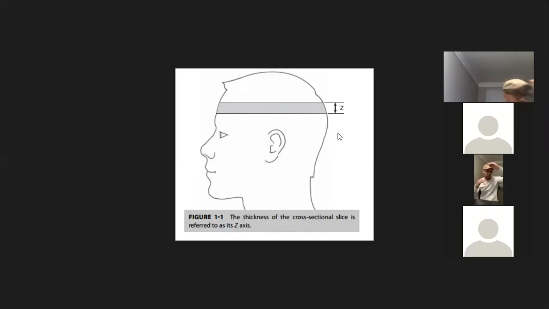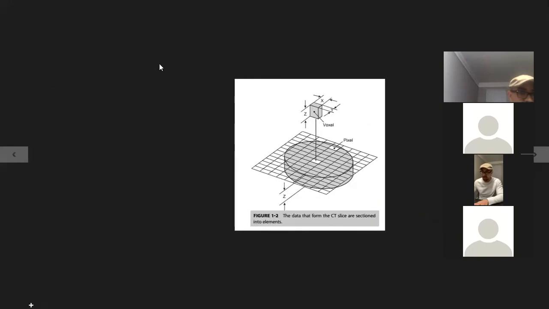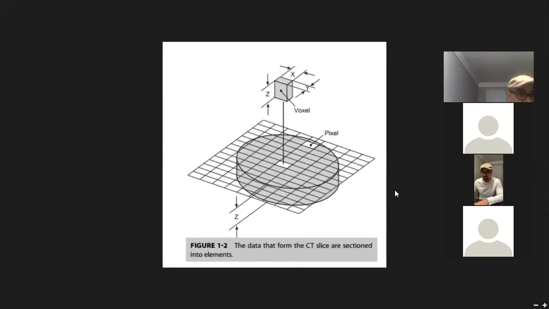Or lengthwise resolution, right? The Z axis represents that. So when we go back to that question that was on the worksheet, and we think about the effect of slice thickness on spatial resolution, then we can say, okay, the thicker Z is, the lower my spatial resolution. Okay, so they are indirectly proportional to a degree, right?